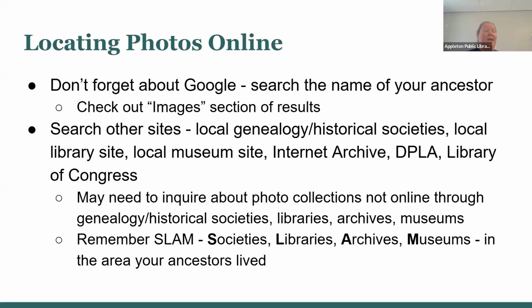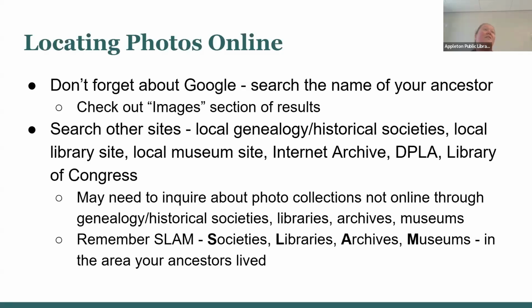Don't forget about Google. So you can search the name of your ancestor on Google or any other search engine. On Google specifically, they do have an image section, and I'll show you that in just a second, where you might be able to find photos that are not on some of these genealogy sites, or maybe they're on additional sites. So there's other sites like local genealogy societies or historical societies or your local library or a museum.